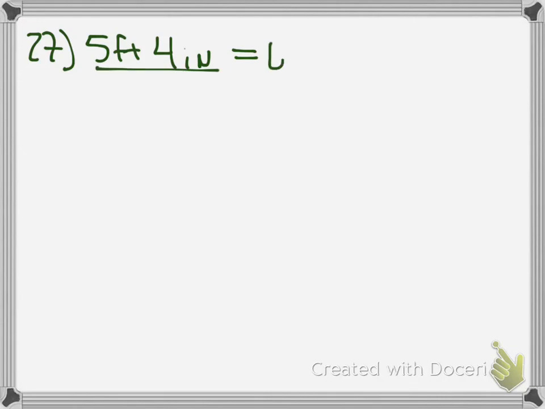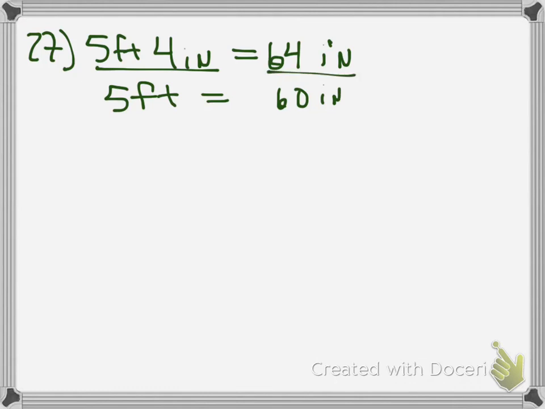So this would become 64 inches because there's 12 inches in a foot. 5 feet would be 60 inches, and that is the length of the shadow. So I'm going to put those together. The 18 feet 9 inches would be 18 times the 12 plus the 9 inches, and you get 225 inches.